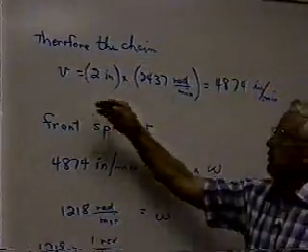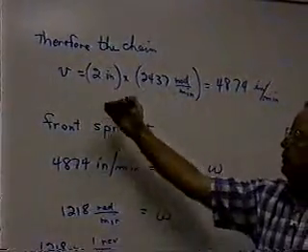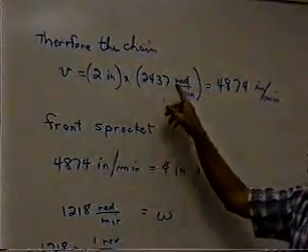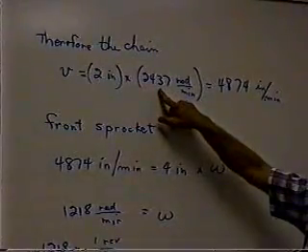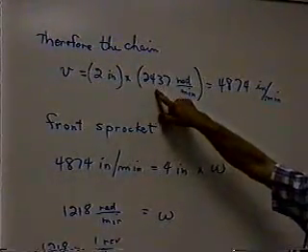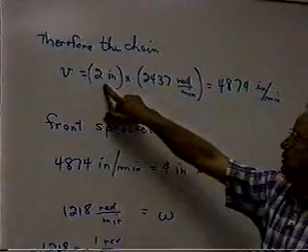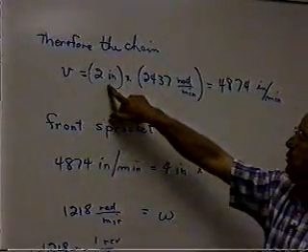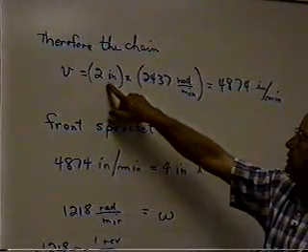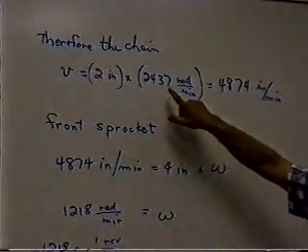The chain is moving linearly. The wheel is rotating this fast, so that inside sprocket on the wheel has a radius of 2 inches. Remember, the inside sprocket on the back wheel was 4-inch diameter, so the radius is 2 inches.